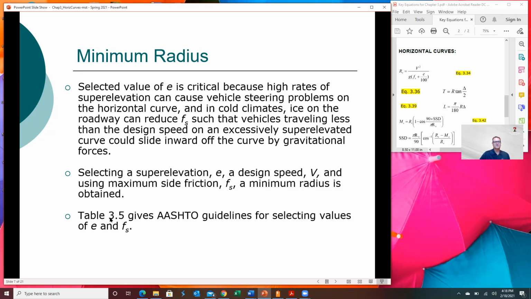It gives the AASHTO, American Association of State Highway Transportation Officials, guidelines for selecting values of E and F sub S. If you're trying to achieve a design speed of 60 miles per hour, you can look up the appropriate values of E and F sub S.